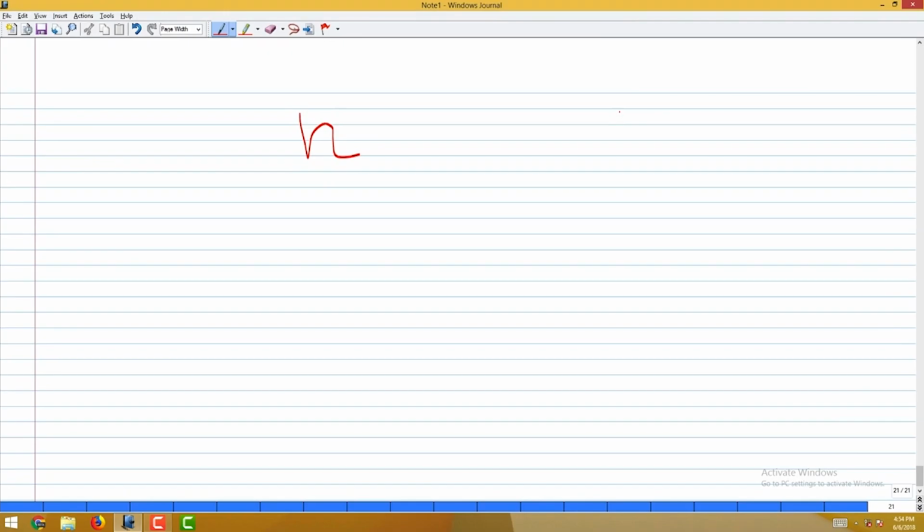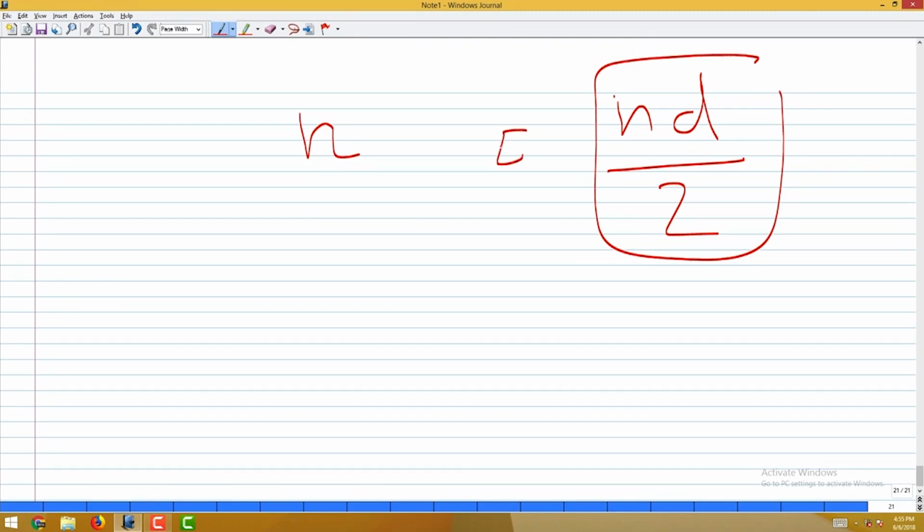how big an independent set do we have in a graph on n vertices and average degree d? If the average degree is d, how many edges are there? N into d by 2, because the total sum of degrees will be n times d, and n d by 2 edges, and n vertices. Now, how big an independent set can I find?